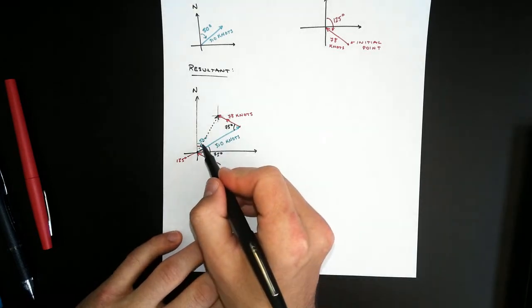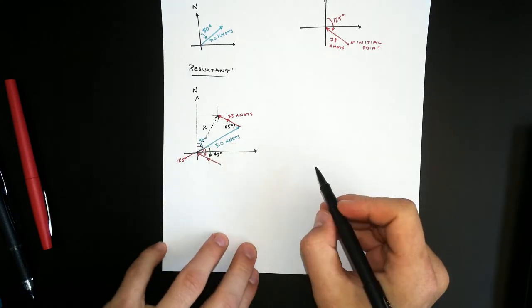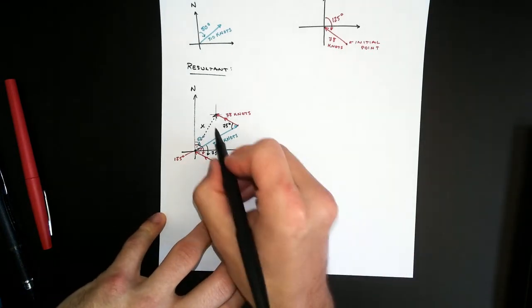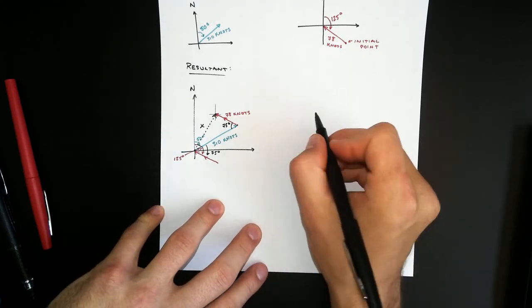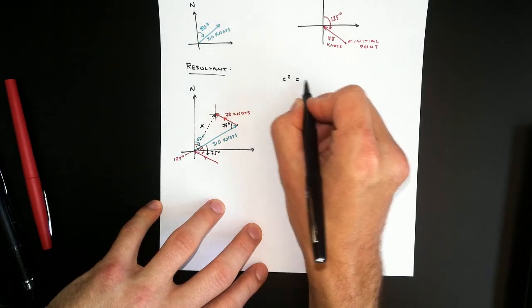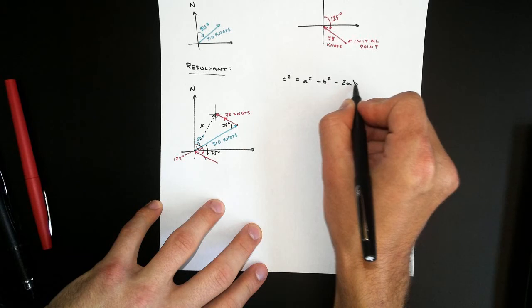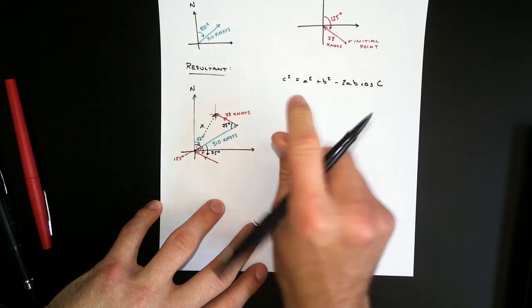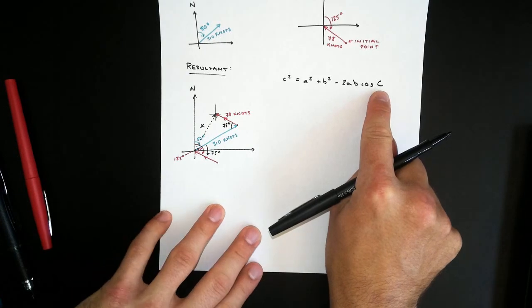So what I want to find first is the length of our resultant vector. I'm just going to call that x. That length is going to be the magnitude of the vector, or our actual speed. So the law of cosines. We have a side length, and that one has to match up with the angle.